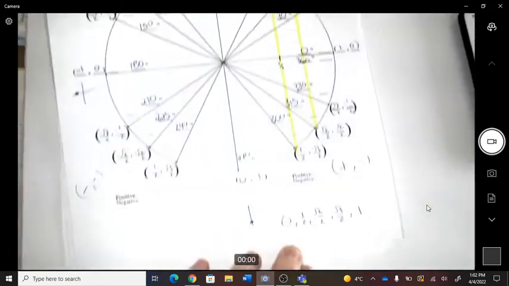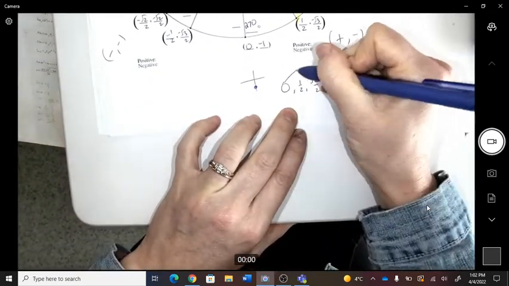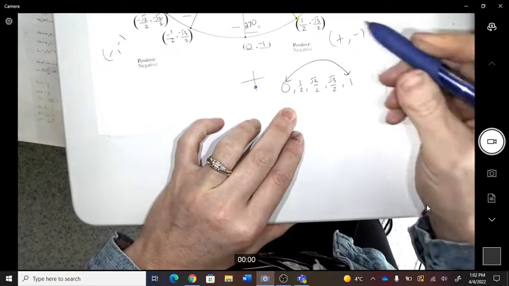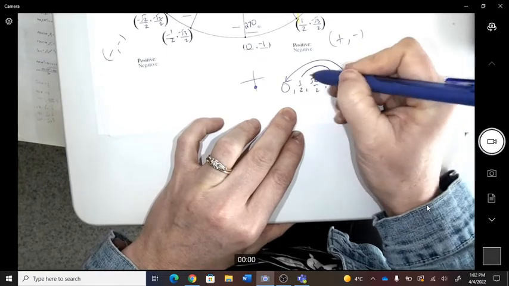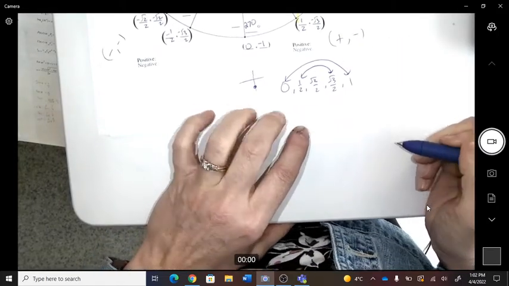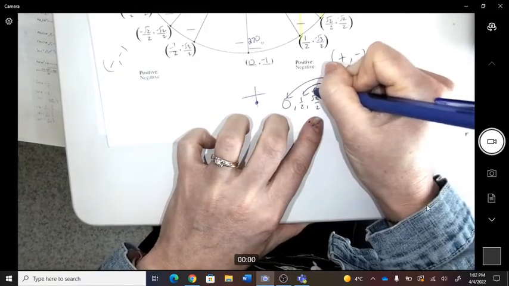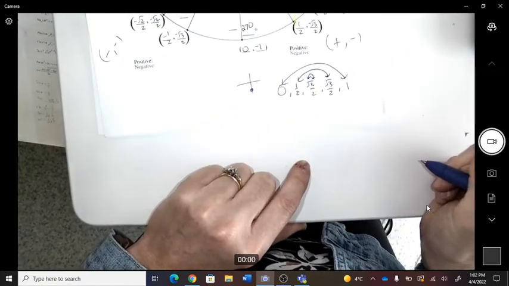Did you also notice this in my pattern? Did you notice that zeros and ones were always matched up with each other? Did you notice the 1/2 and √3/2s were always matched up with each other? And did you notice that √2/2s were always matched up with themselves?